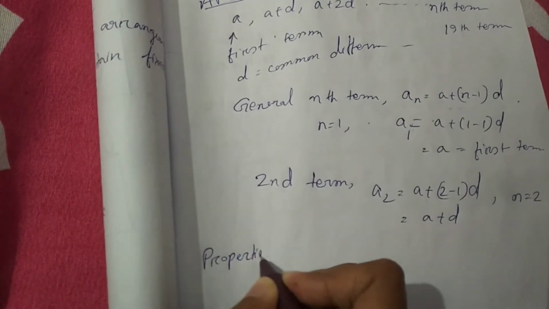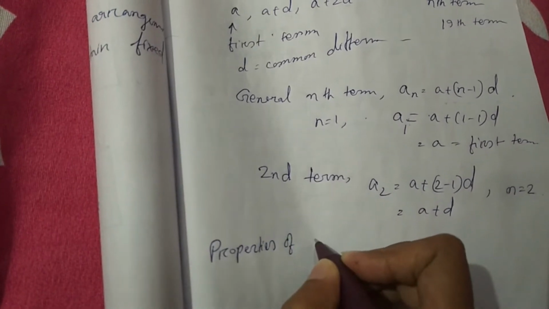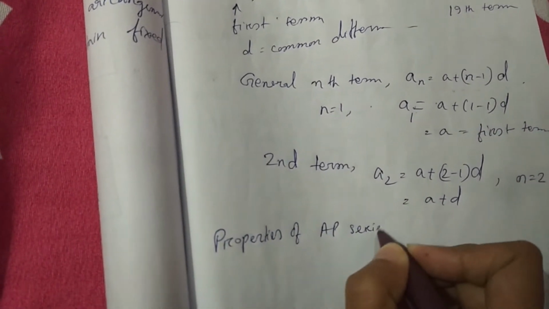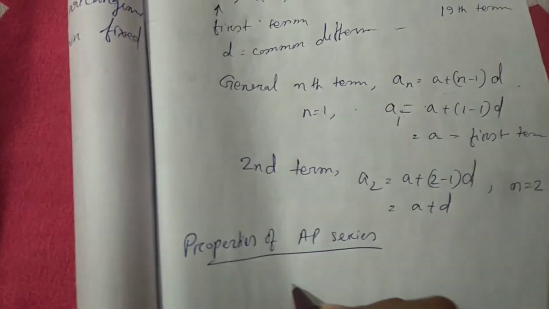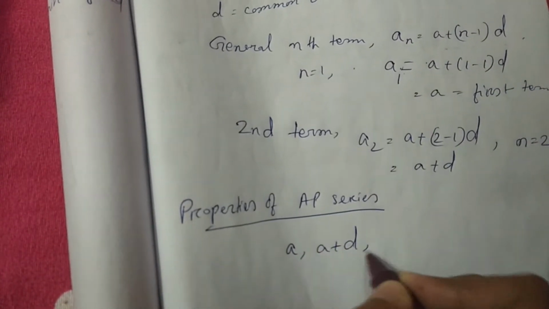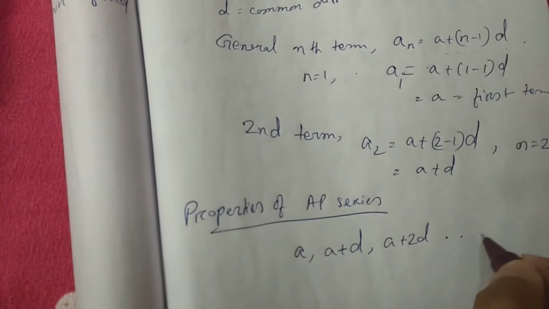Now there are some properties of an AP series. Suppose this is our AP series: a plus d, a plus 2d, like this.